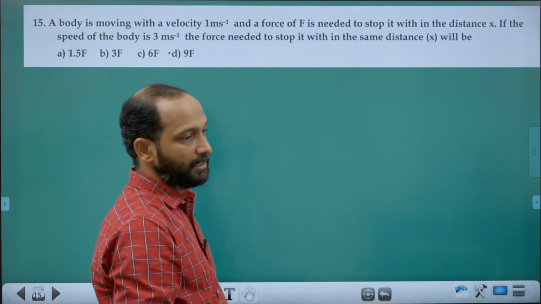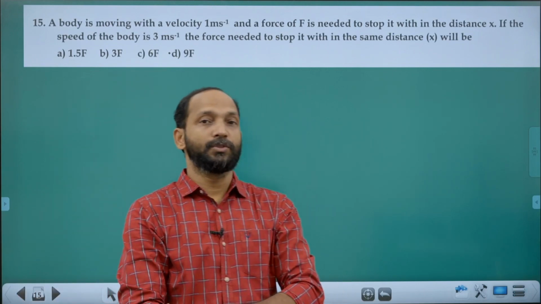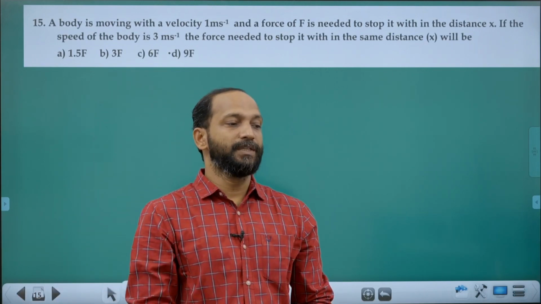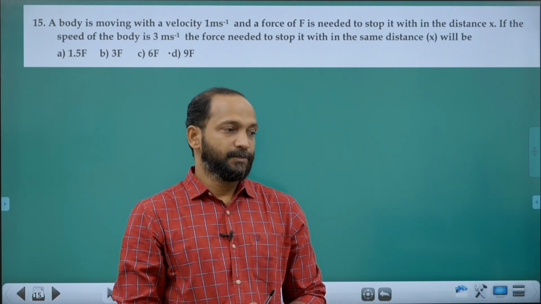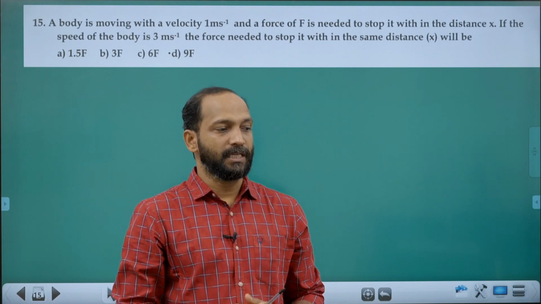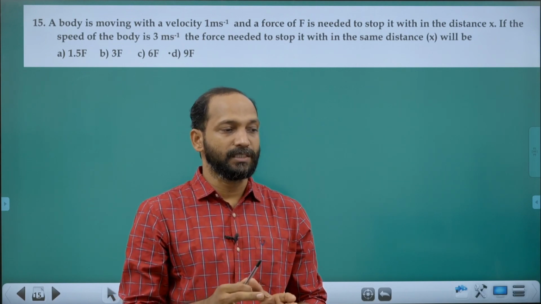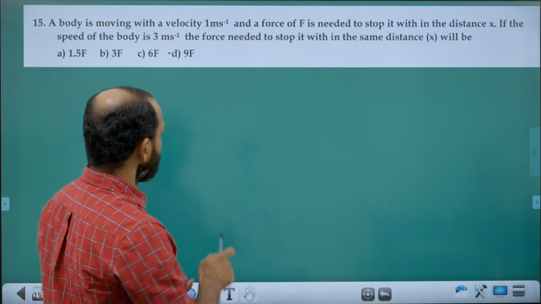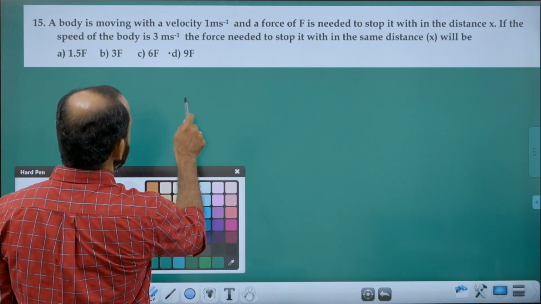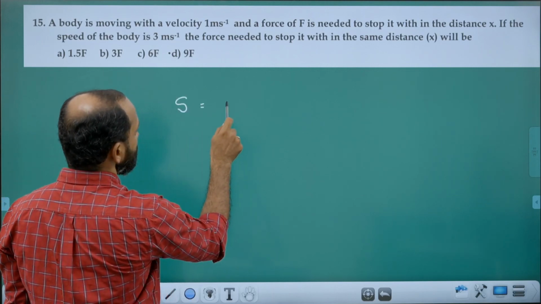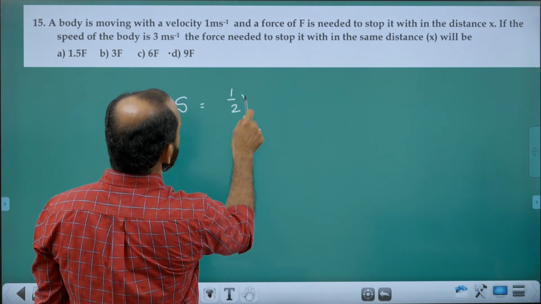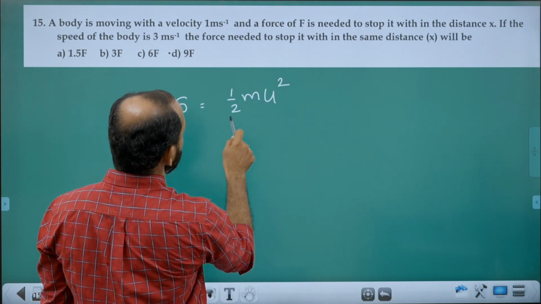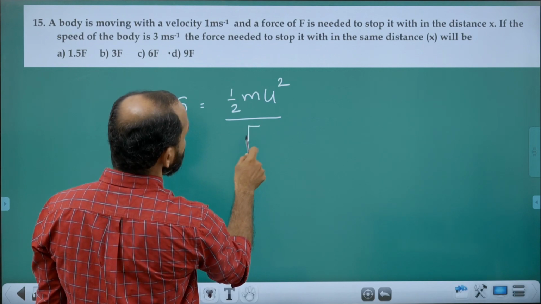Next, 15. A body moving with velocity 1 meter per second needs force F to stop it within distance x. If the speed of the body is 3 meter per second, the force needed to stop it within the same distance is. The formula for stopping distance s is the initial kinetic energy divided by retarding force.